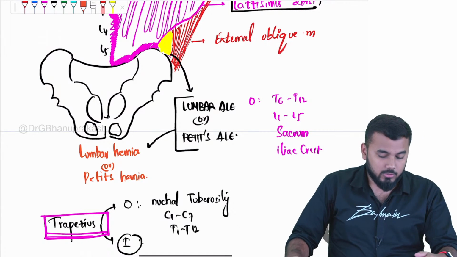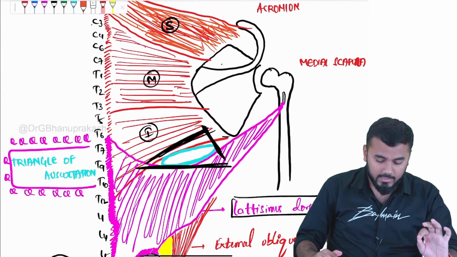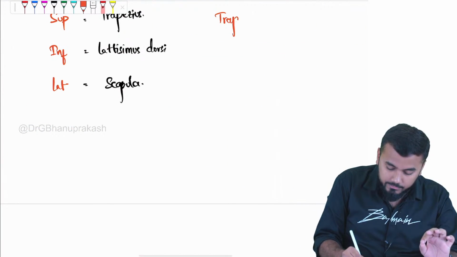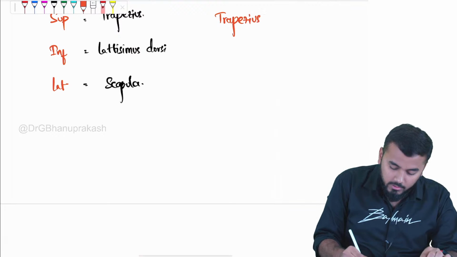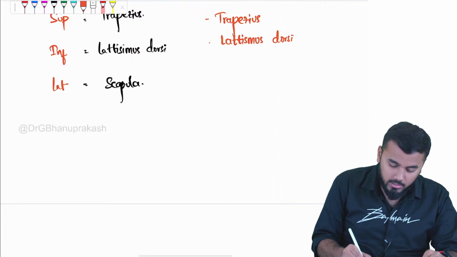So guys, did you understand whatever I taught you so far regarding the back muscles? We have discussed back muscles like trapezius and latissimus dorsi. We have discussed the MCQs also, which can be asked from here, right?